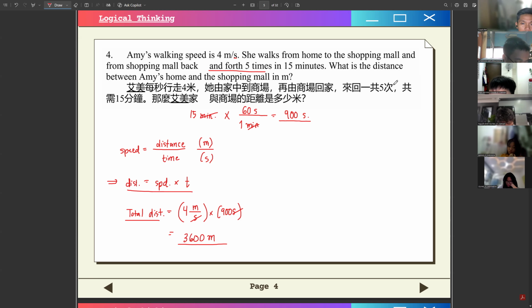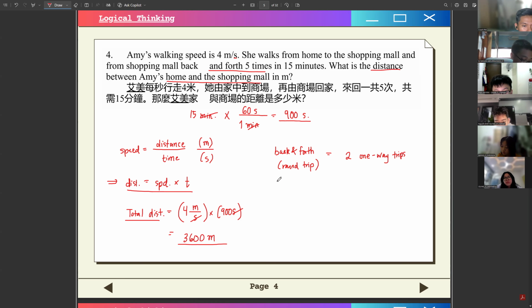But take note, the question is the distance between Amy's home and the shopping mall. It's just the one distance, the one-way distance. So when we're saying back and forth, that means a round trip, right? So you go from your home to the shopping mall, and then from the shopping mall back to your home. So that's equivalent to 2 one-way trips, right?